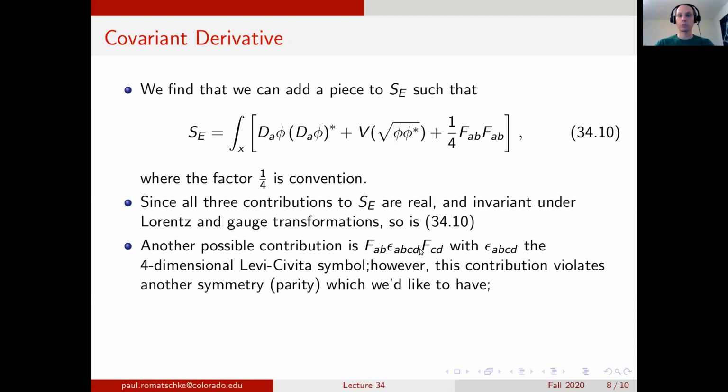This term would have all these same properties here, but it has the property that it violates another symmetry, namely parity, which we would like to have. I have not talked about this, but this action written in equation 34.10 is also invariant under parity. If we would include a term like this, we would break parity. For the time being, I'd like to keep this additional symmetry, and for this reason, I will forbid the contribution from F F-dual that we could in principle also include in the action.